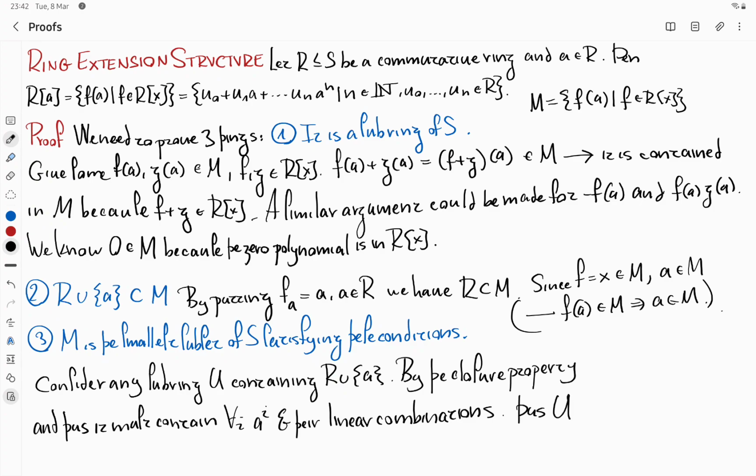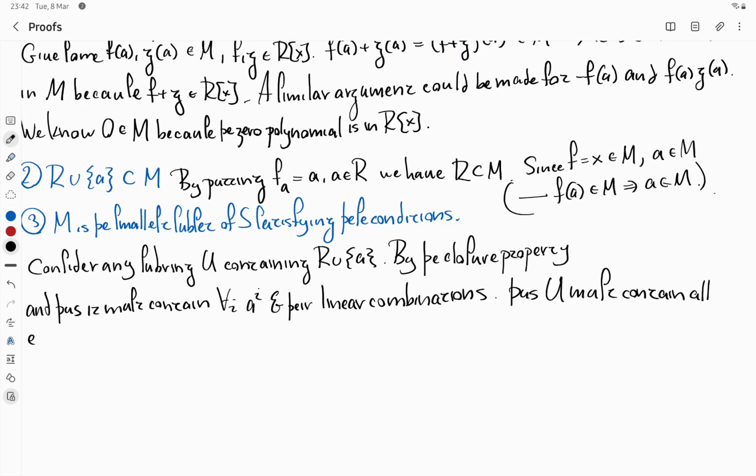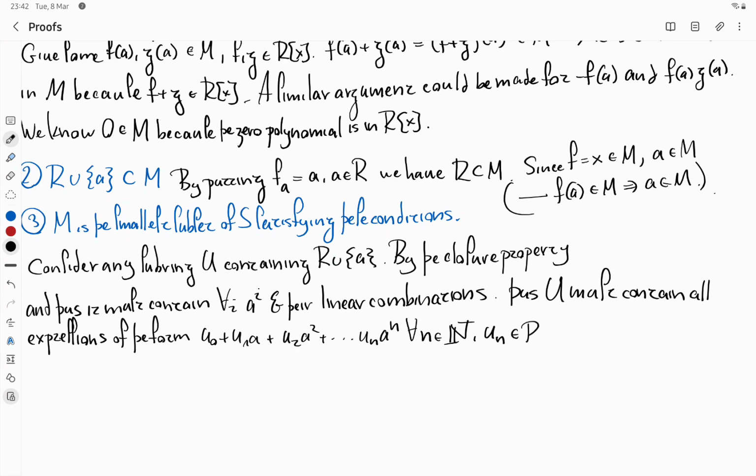Thus, U must contain all expressions of the form u0 plus u1 times a plus u2 times a squared, etc., up to un times a to the n, for all natural n and each ui contained in the underlying set of R. Thus, M is a subset of this U, and thus it must be the smallest.